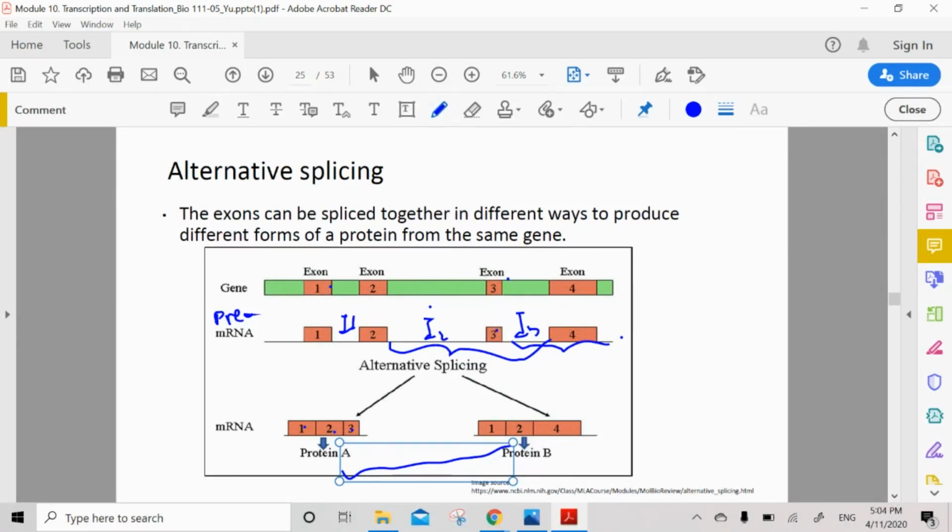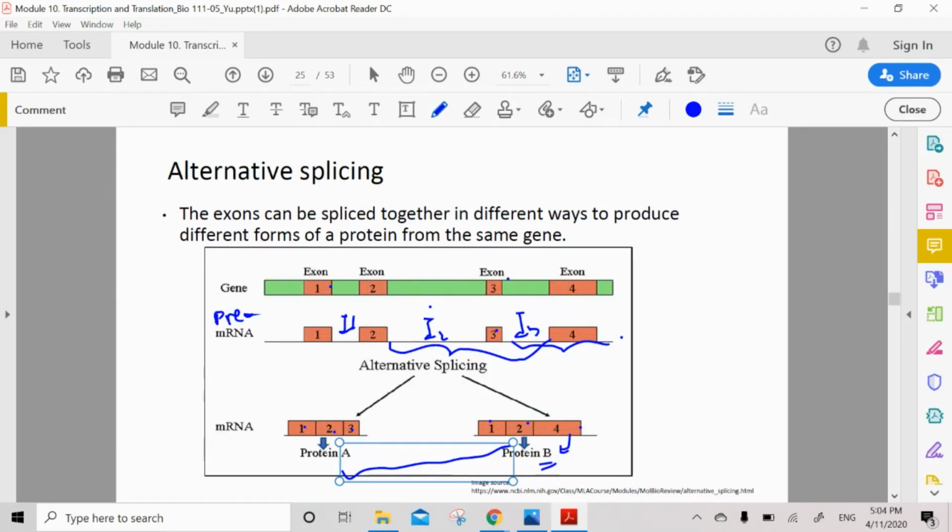That's okay, right? It's not like you can only take out introns. You can also remove the exons next to the introns. And in this alternative, you have a different mRNA, right? So instead of 1, 2, 3, you have 1, 2, 4. So with a different sequence, they're going to make a different protein product.